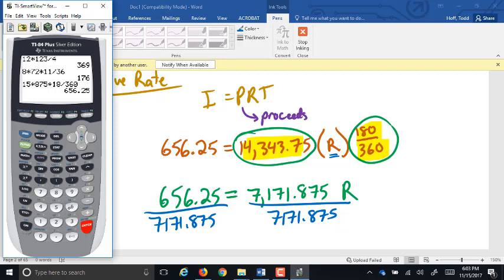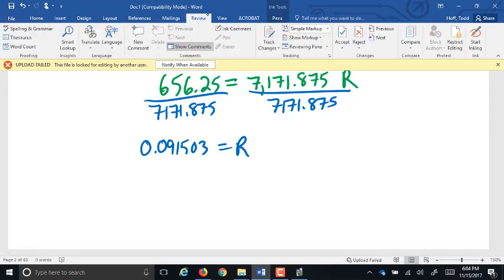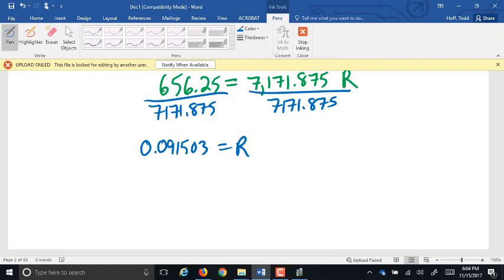So we are going to take 656.25 divided by 7171.875. Gives us 0.091503. Remember, I always told you to go at least 5 digits when you do that calculation, because now we have to make it a percent. 9.1503.